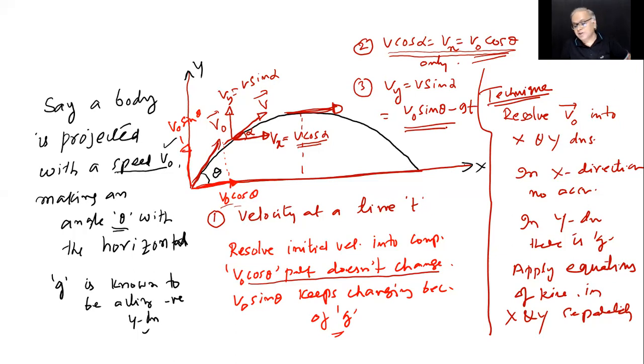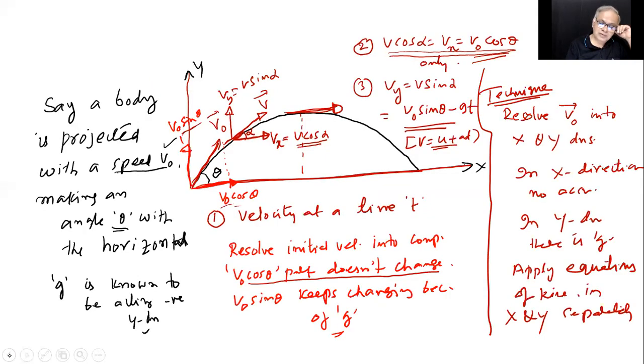In the y direction, the initial speed is V0 sin theta, but g is going to decrease it, right? V equals u plus at is applied in the y direction. Are you okay with that? Yes, sir. Now, I'll go to the next page.